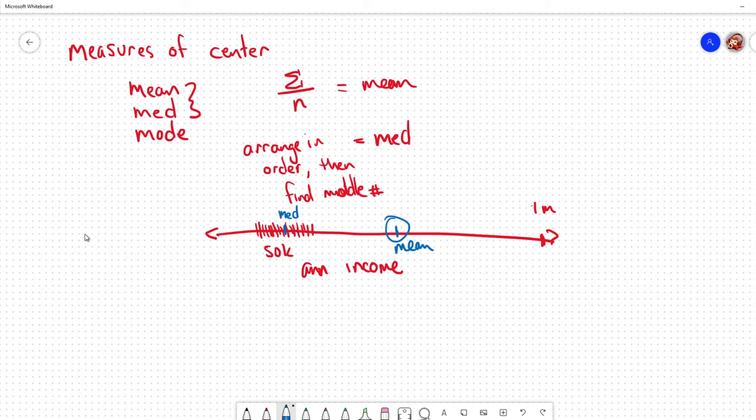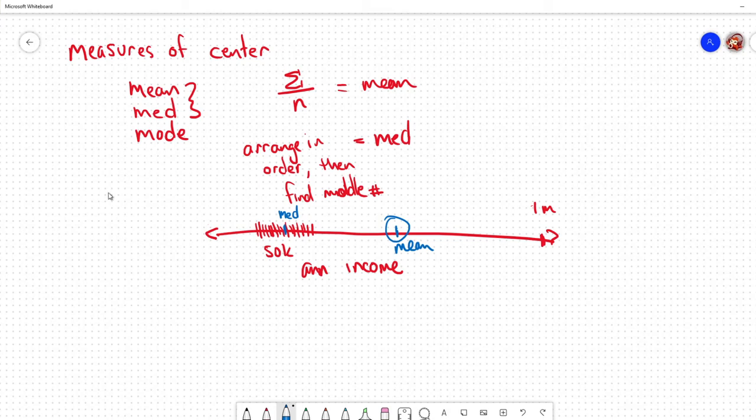Now, vice versa, it could happen the other way. What if we have a high-end neighborhood, everybody's like 500,000 or $1 million, then a family moves in whose annual income is below the poverty line? That would also cause the same kind of effect. The mean would not be a particularly good measure.